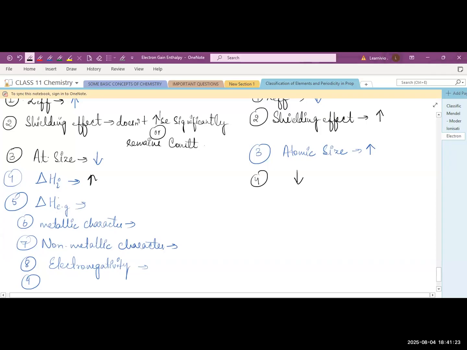And what about the electron gain enthalpy? Neha, tell me. It becomes more negative when you go from left to right, and less negative in a group. You can write: more negative when you move from left to right in a period. Okay, and what about the group? Electron gain enthalpy becomes less negative.